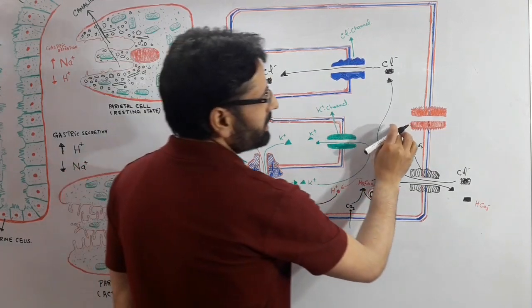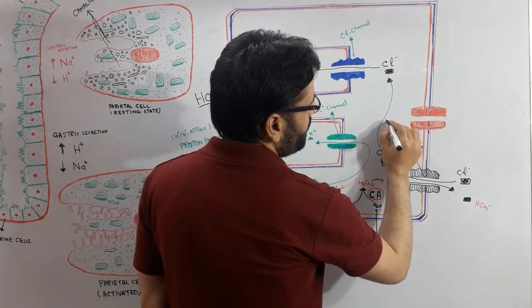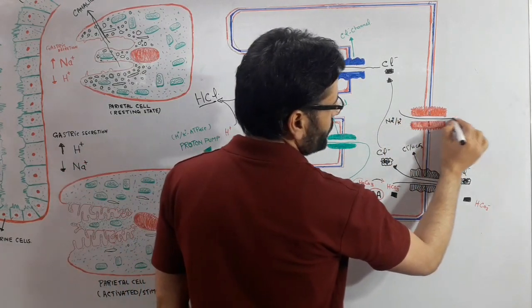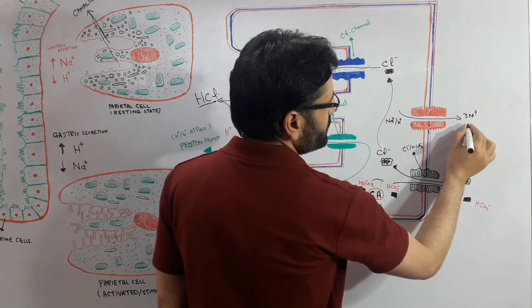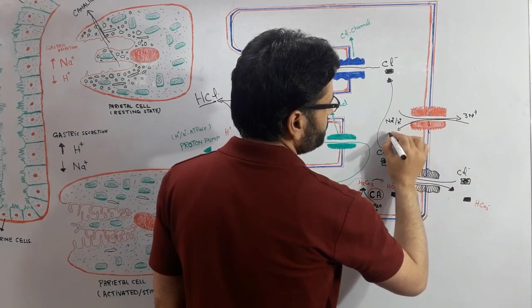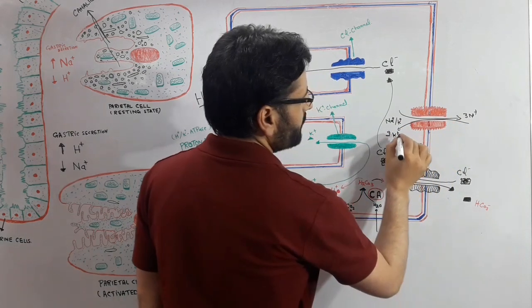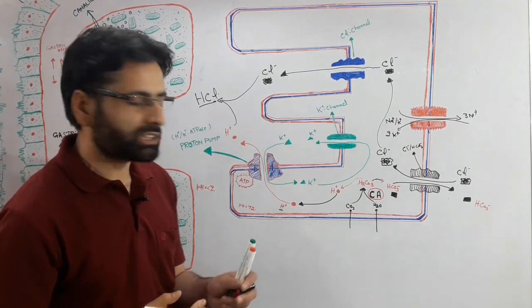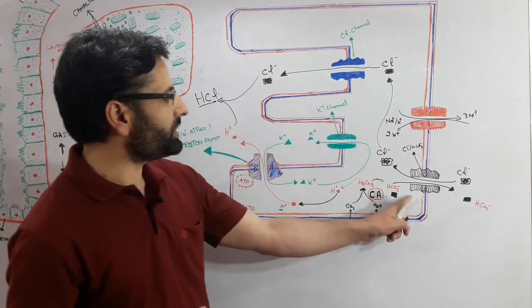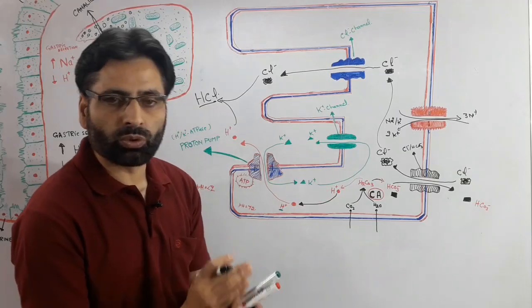And here is the sodium potassium pump. This sodium potassium pump transfers 3 Na positive towards the outside and 2 K positives inside. But so far as the secretion of HCl is concerned, these pumps play a very important role.